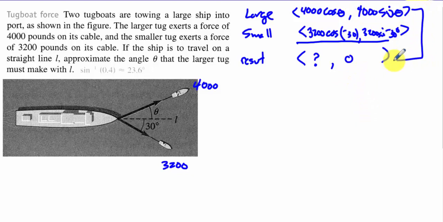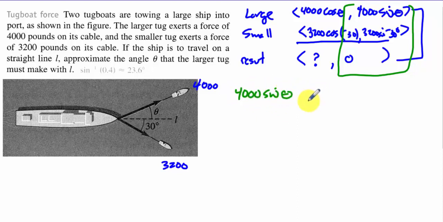Now, in this case, this column gives me enough information to write an equation. I have 4,000 sine theta plus 3,200 sine of negative 30 degrees is equal to 0.